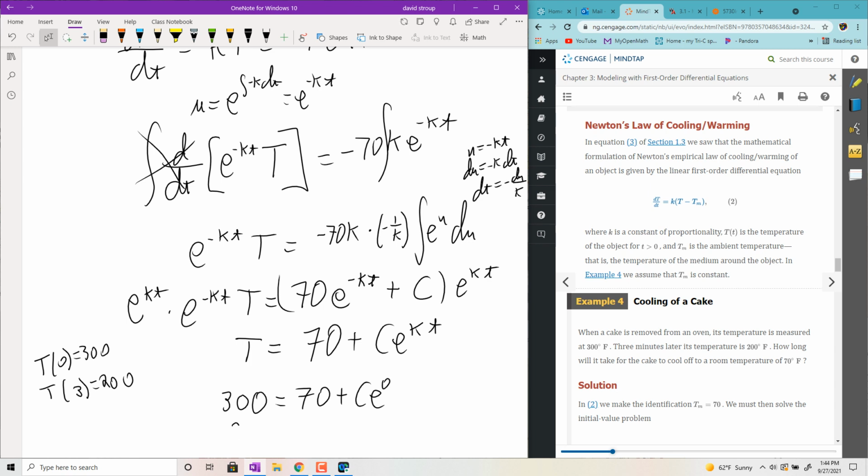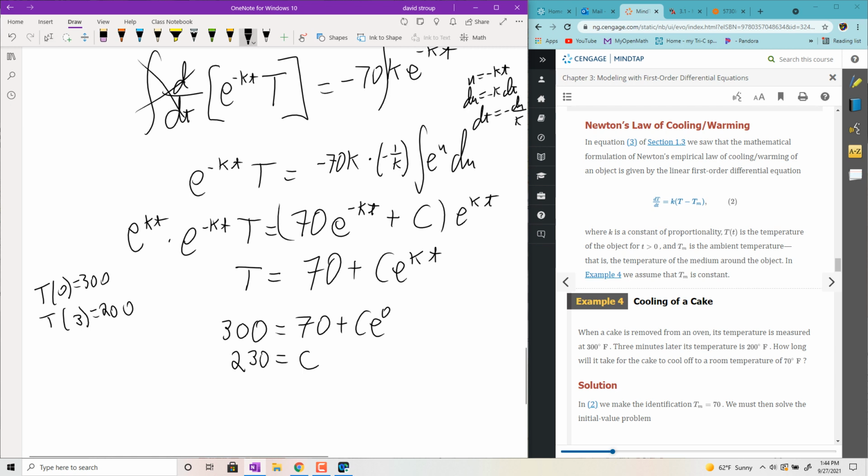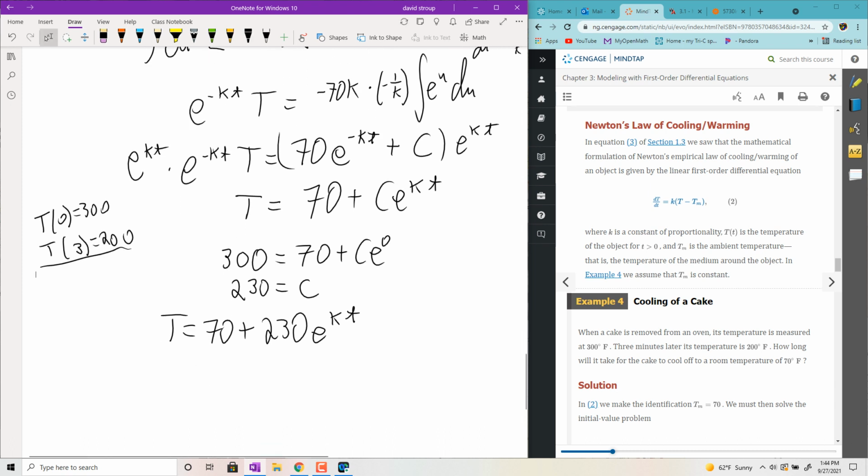So I get 230 equals C when I subtract the 70 over. My equation now becomes T equals 70 plus 230 e to the kt. Now I want to solve for k, so I can use the other initial value, T of 3 is 200.